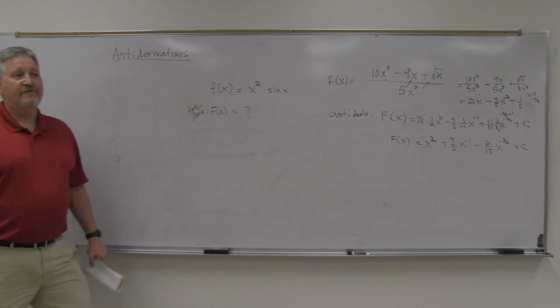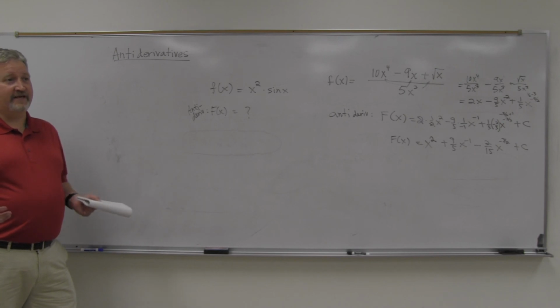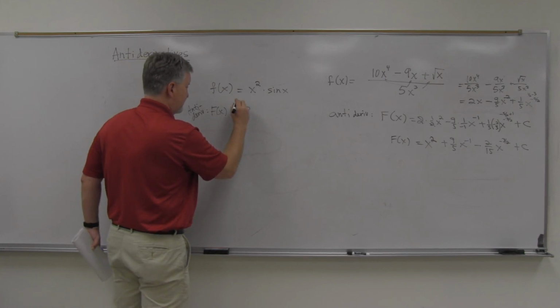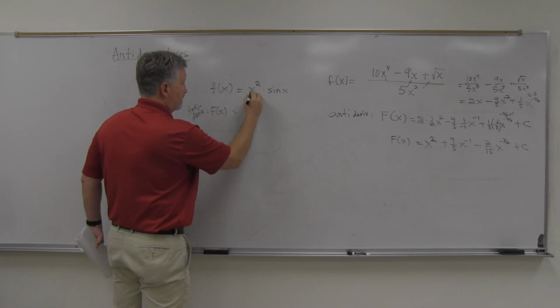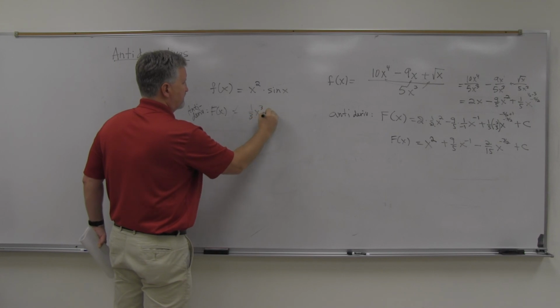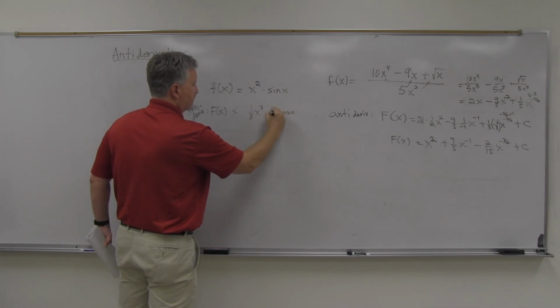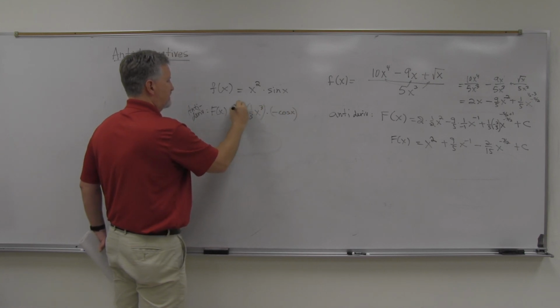Unfortunately, when you have times, again, it's important to understand, you just can't do the antiderivative times the antiderivative. So the antiderivative is not 1/3 x cubed times negative cosine of x. It is not that.